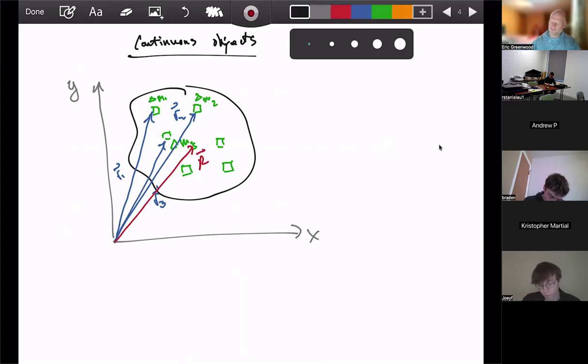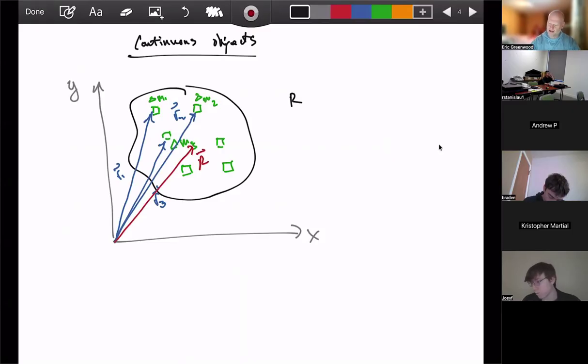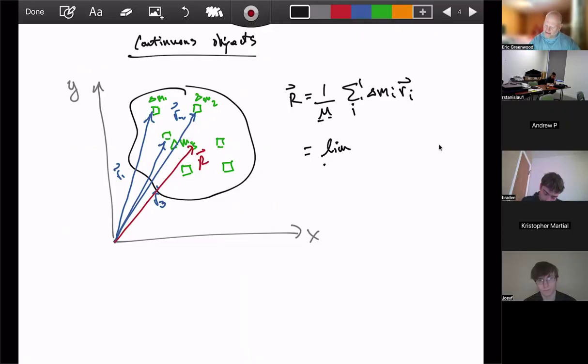So cool. So as we know from 205, our center of mass position, again, is going to be equal to, or what we just did, is 1 over the total mass, the sum then over all of the individual masses, which in this case I'm going to call delta mi, times the position vector at which it's located, which is ri. Now, from here, we're then going to take the limit, since it's a continuous object, as delta mi goes to 0 of 1 over the total mass, the sum over i of delta mi ri vector.